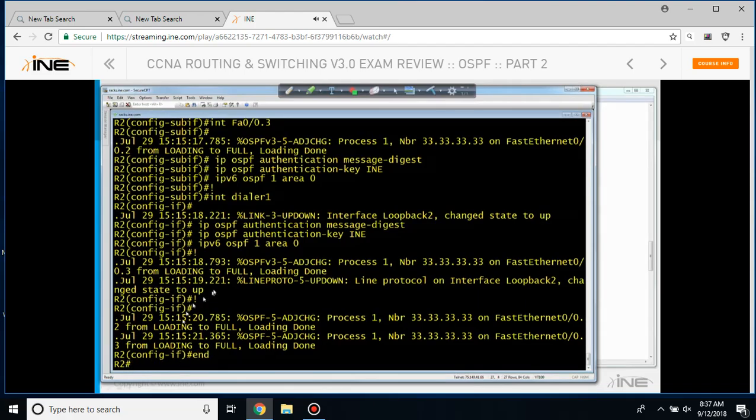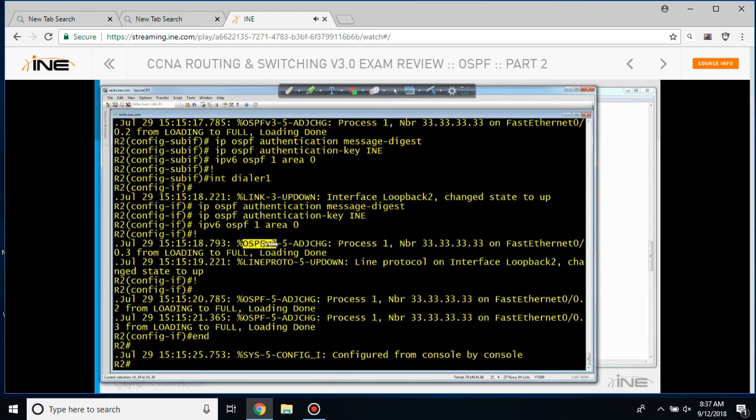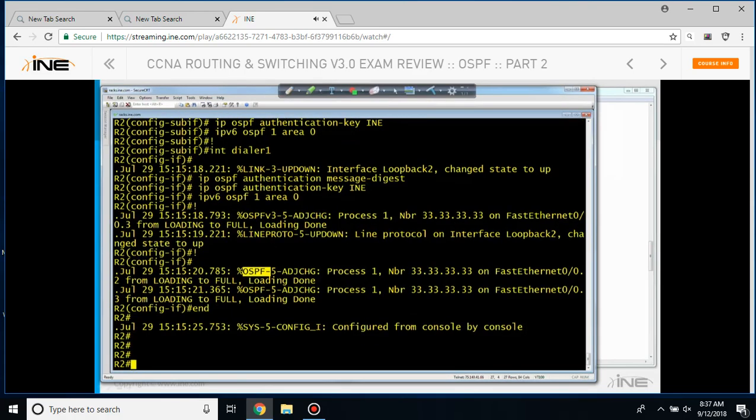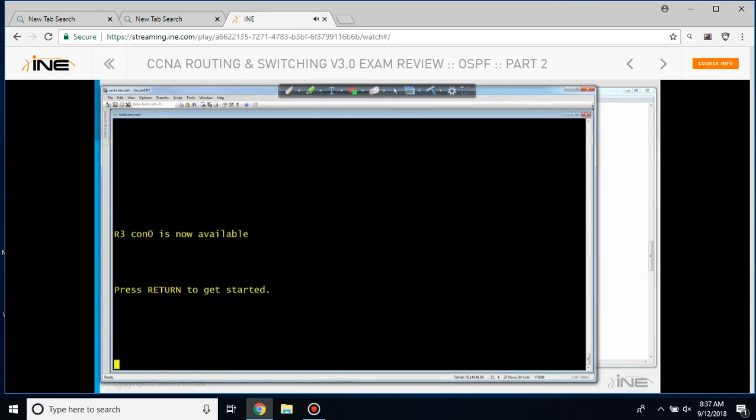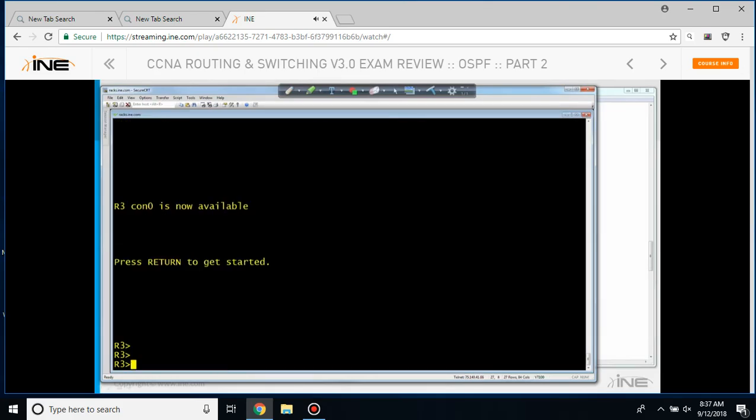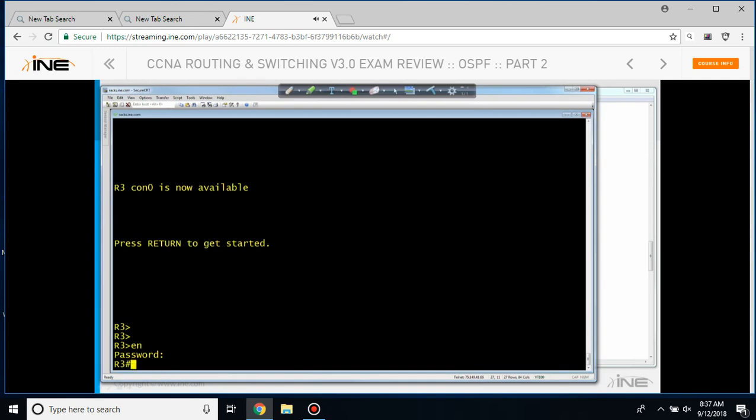Okay, that looks good. So here my OSPF v3, that's my IPv6 OSPF. So I'm seeing both adjacency changes on v3 and OSPF for IPv4. That looks good. We'll keep going, then we'll come back and verify that all of my neighbor relationships are working. Well, some of them won't. I know for a fact that some of them are not going to work.